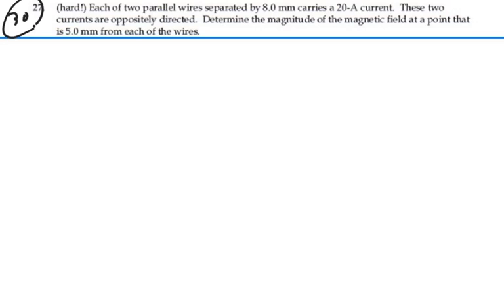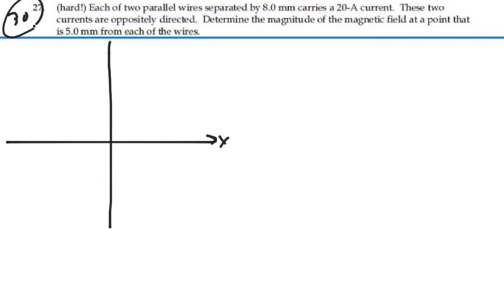Alright, so let's try to visualize what's going on here. We have two wires that are 8 millimeters apart. So let's put one on the x-axis here and one on the x-axis over here.